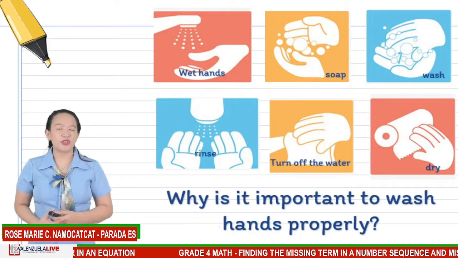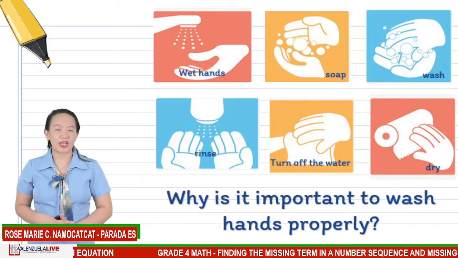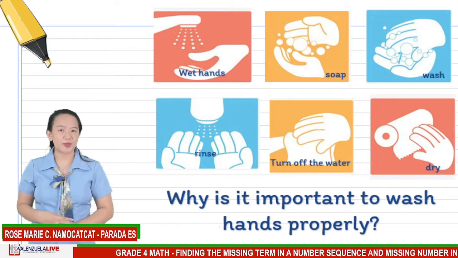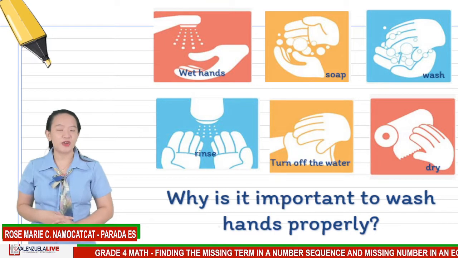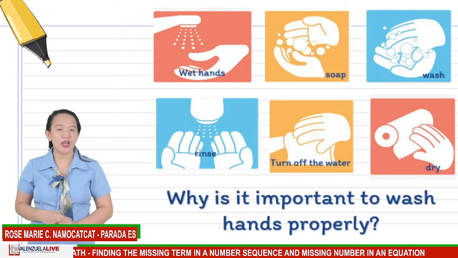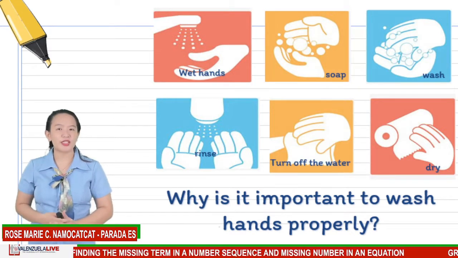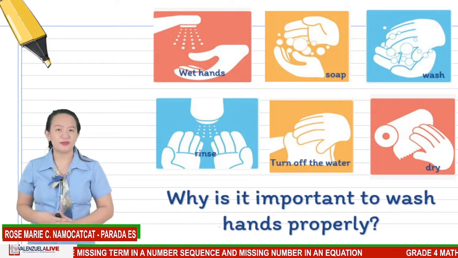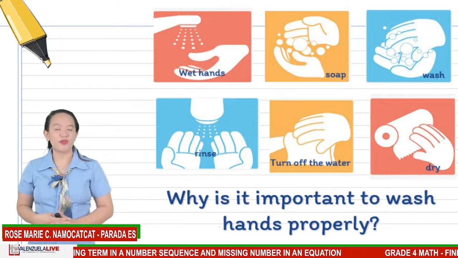The next question is, why is it important to wash hands properly? Are you washing your hands properly, especially now that we are in a pandemic stage? Can you type your answer in the comment section? Why is it important to wash our hands properly? Okay, very good.